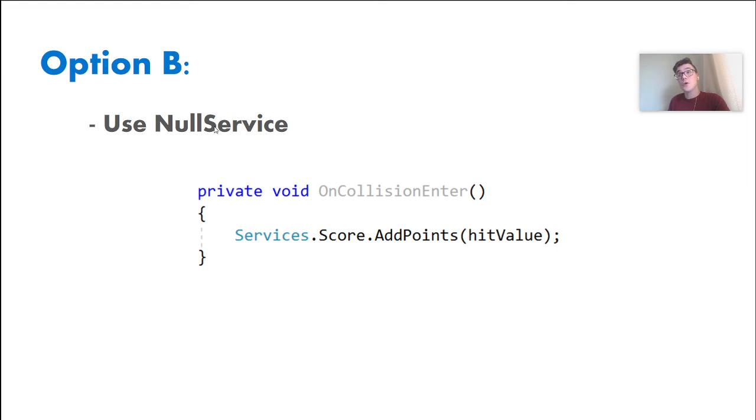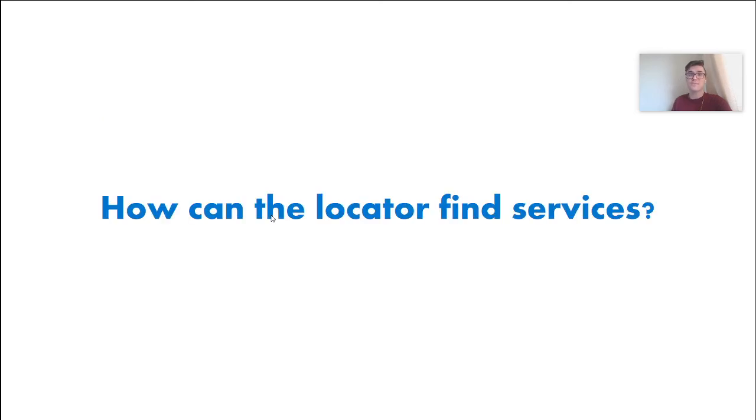Actually, in your homework you are also going to create null services when you're implementing the service locator pattern, because you do not want any fancy and complex logic in your homework. You just want to know what this pattern is and how it's constructed.